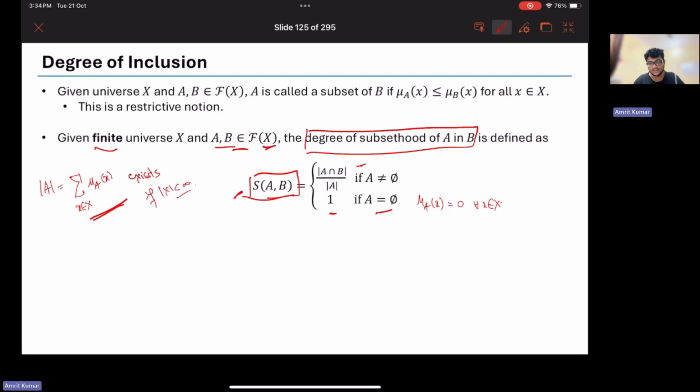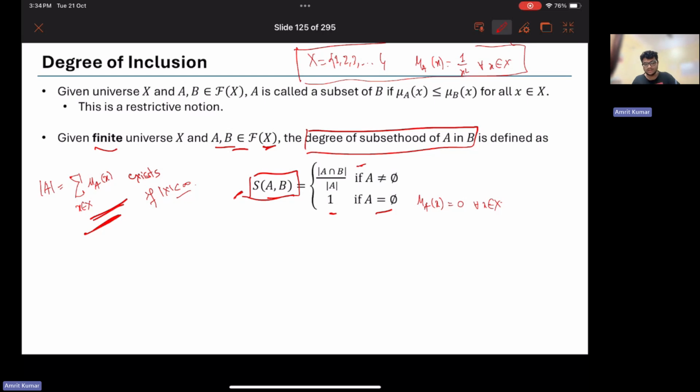In certain cases, if your membership function happens to be of this particular form, then this summation would exist even if X is infinite. In fact, in the first discussion session, we took one such example where X was our set, this, and the membership function looked like this, right? But this was a very artificially constructed example, right?